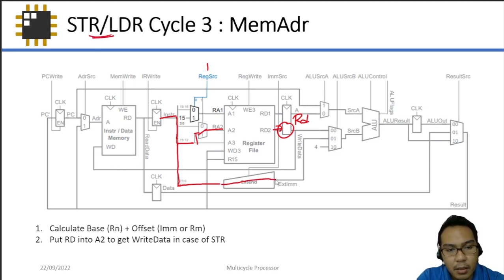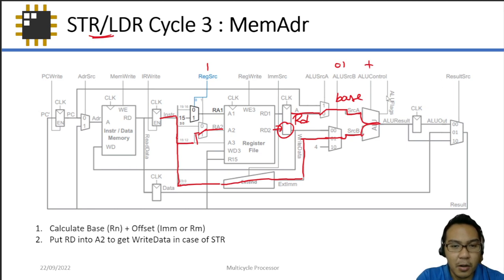So the offset is going to traverse through the extended immediate, and we're going to choose 0, 1. Since we're going to add the offset, ALUControl is plus. But the thing with this is this thing will already be outputting the base from the Rn that we put into it from the earlier decode step.